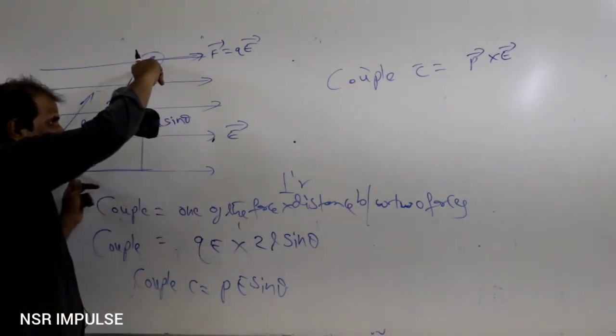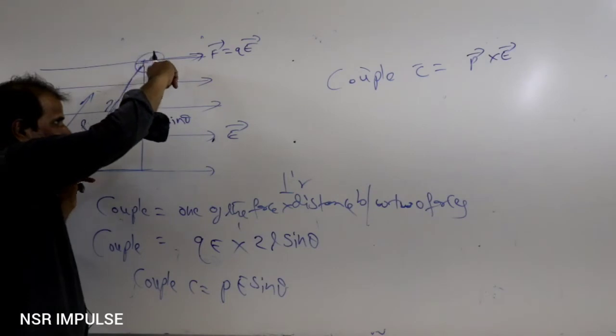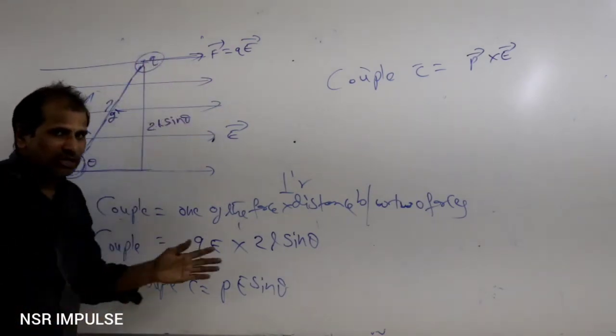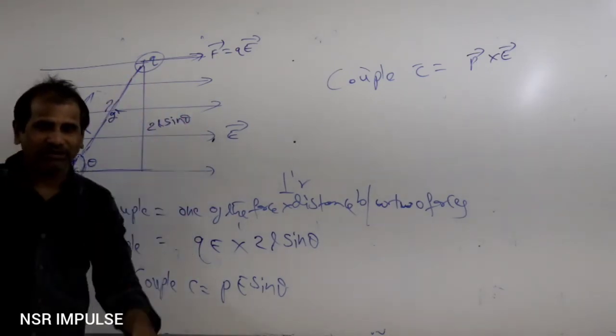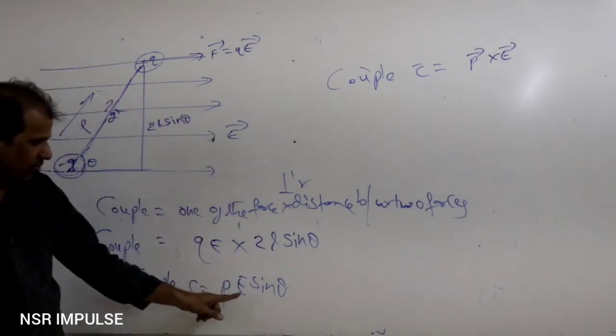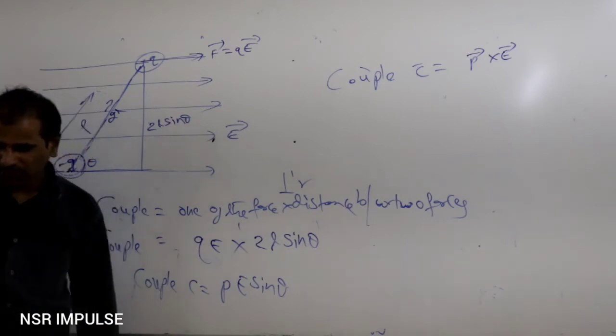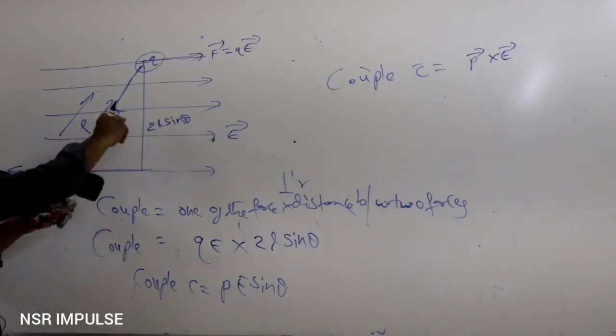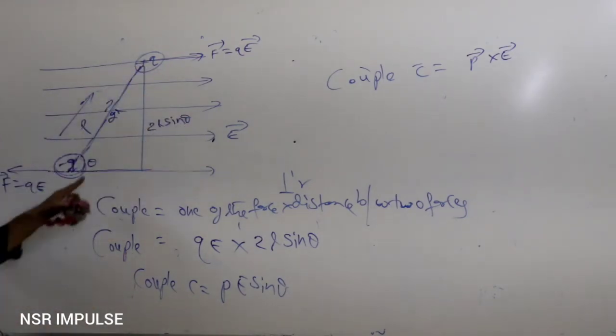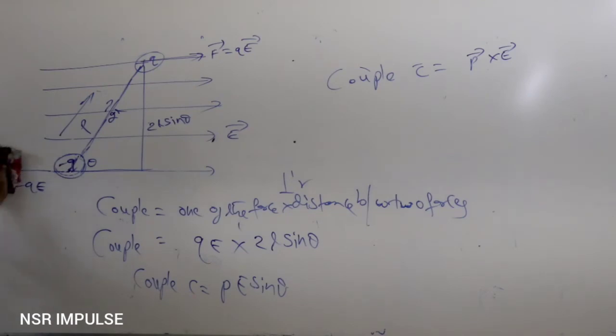The couple tries to rotate the dipole to bring it parallel to the electric field, so that theta becomes 0, and then the couple becomes 0 in that situation.